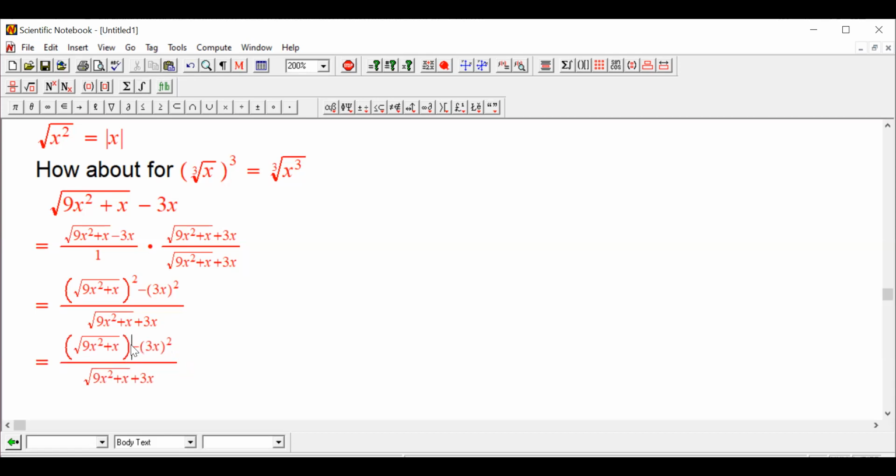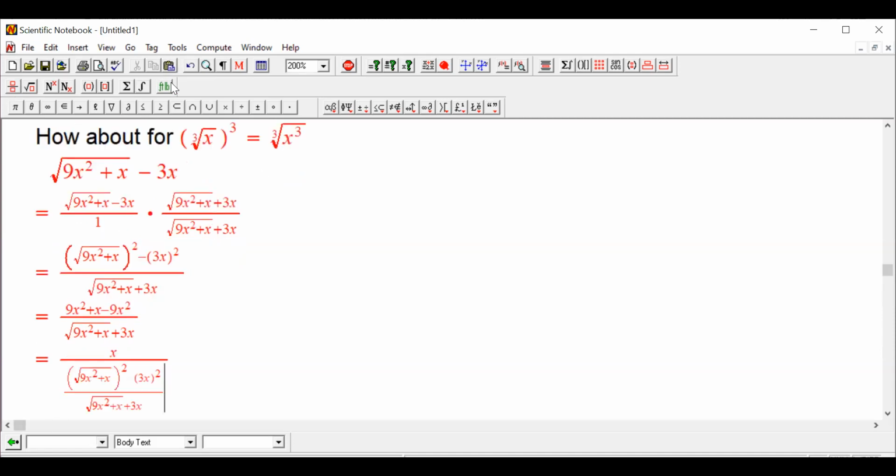Over here is going to be 9x squared. And of course, in the end, you will get x over the previous denominator. All done.